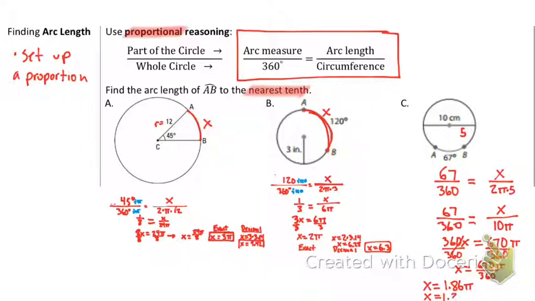So 1.86 times 3.14. So let's multiply that out, and we'll get our final answer. If we put what we have in our calculator, we get 5.84. But rounding to the nearest tenth, like the question asked us to do, it should be 5.8.